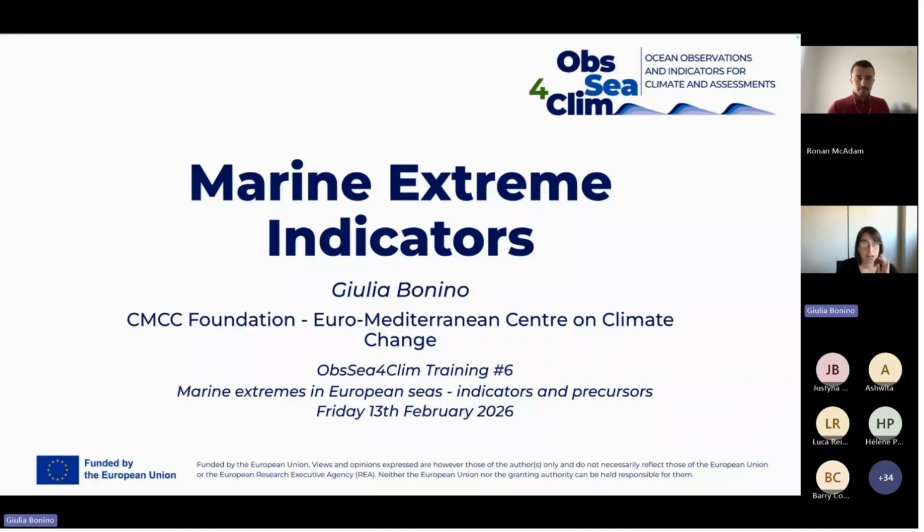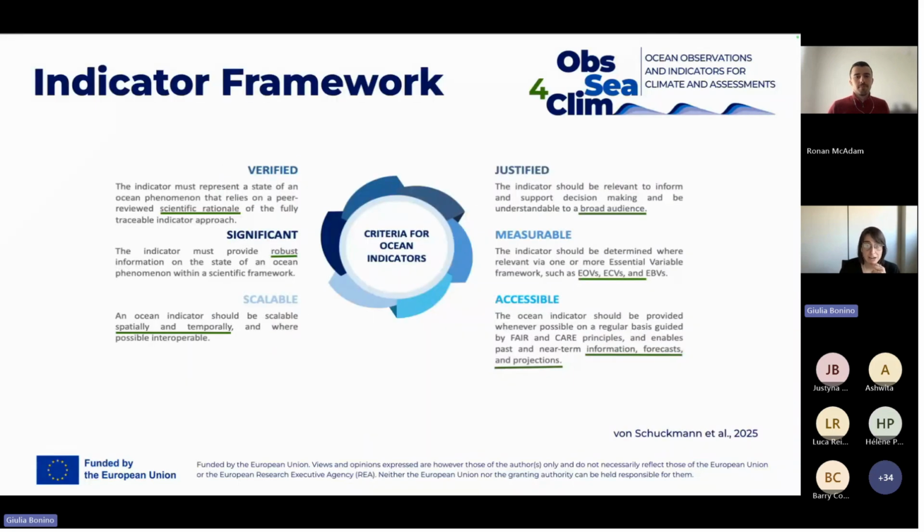So before going on to extremes, let's talk about the framework to select an ocean indicator. Here we have the criteria for an ocean indicator. An ocean indicator has to be verified, meaning it must represent an ocean phenomenon that has a scientific rationale.